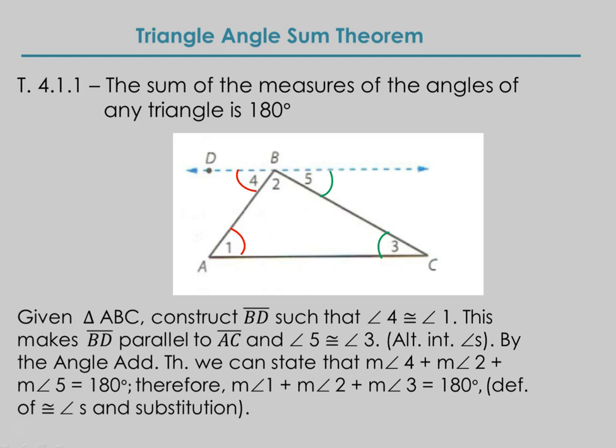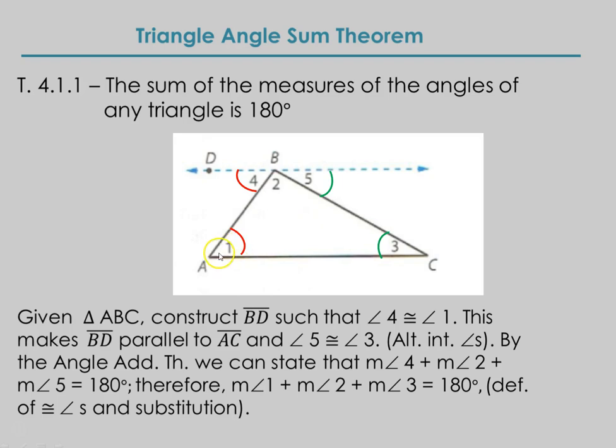This brings us to our first theorem in lesson 4.1, the triangle angle sum theorem. And this theorem is based off the fact that straight angles equal 180 degrees. This is information you already know. So we have a straight angle right here, and we are going to call this line DB.